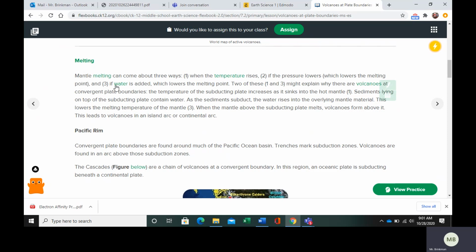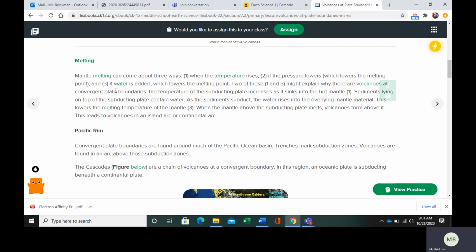It can happen if water is added, which also lowers the melting point. So in cases 1 and 3, temperature rising, water being added, these might explain why there are volcanoes at convergent plate boundaries.